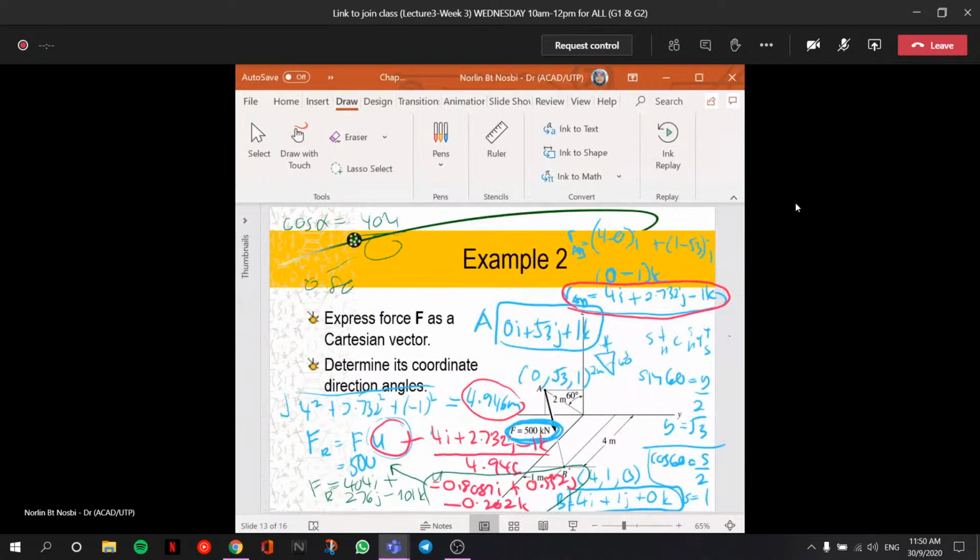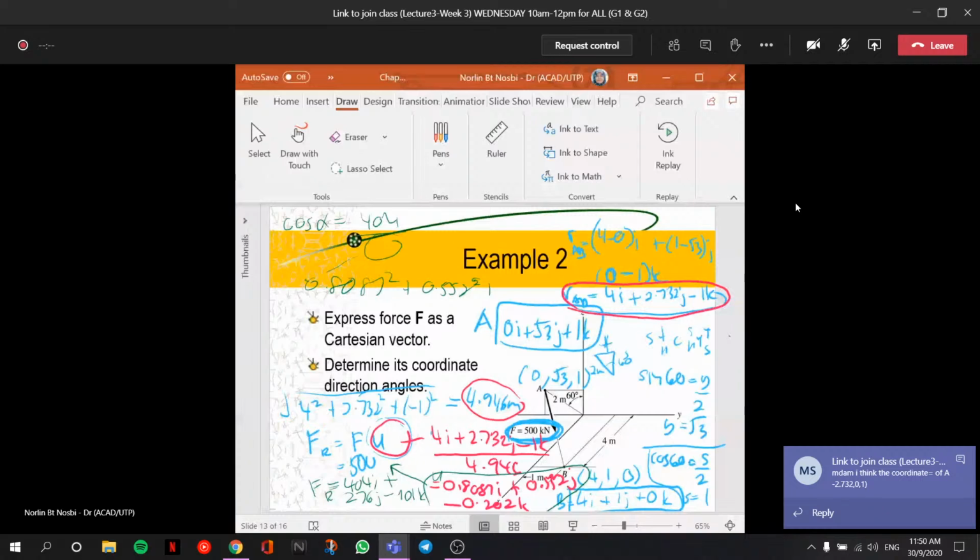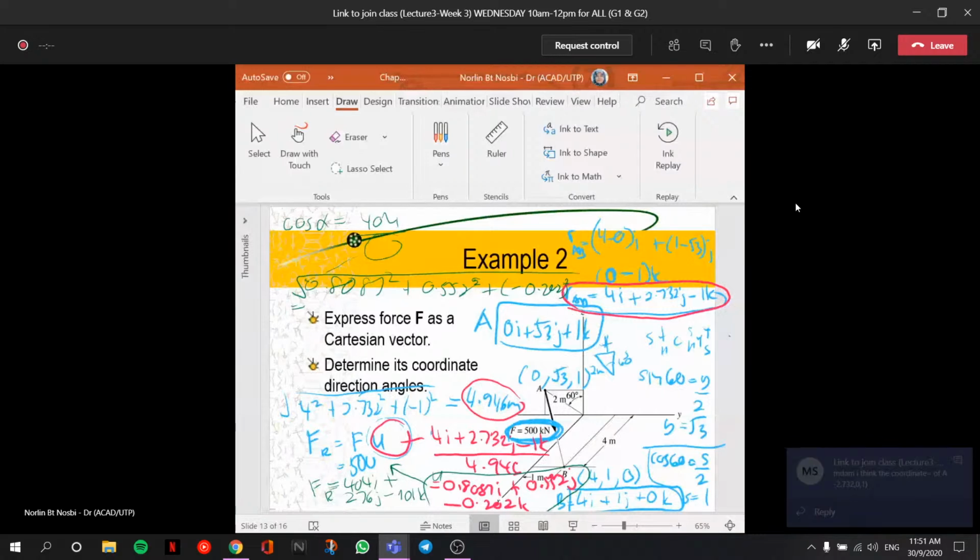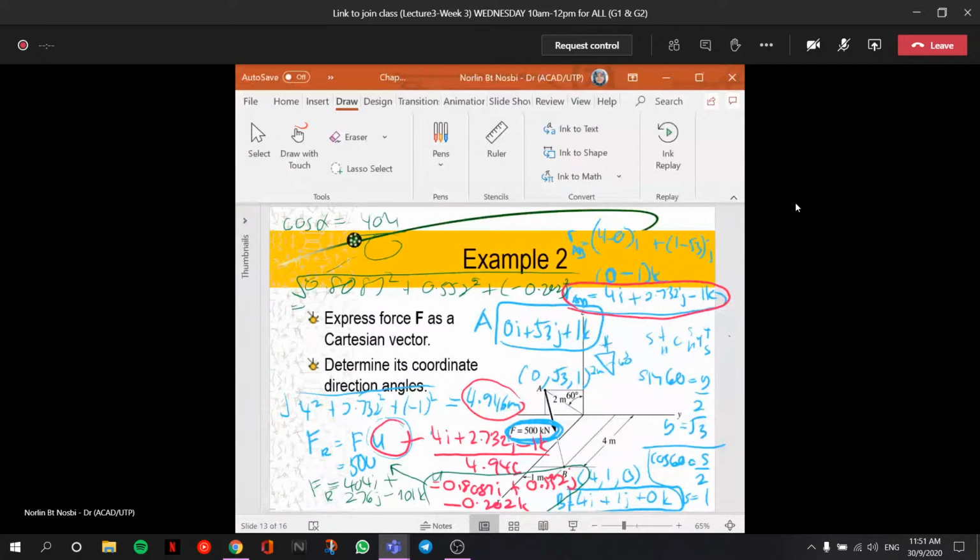So it would be, let me calculate. 0.8087 square plus 0.552 square plus 0.202 square and square root. Okay, you will get 0.999. So you place it back, 0.999.